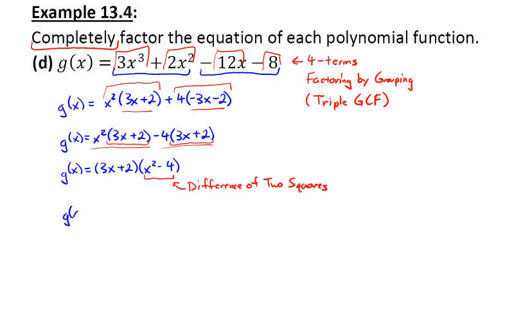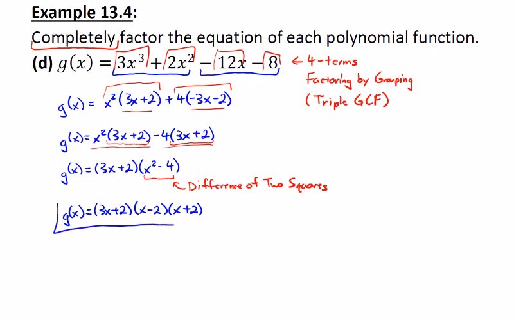If you need to go back and review that, we did a more detailed look at difference of 2 squares in example 13.4a. For this example, I'm going to go right to the factoring. It'll be (x − 2) times (x + 2), and that would be equivalent to x² − 4.